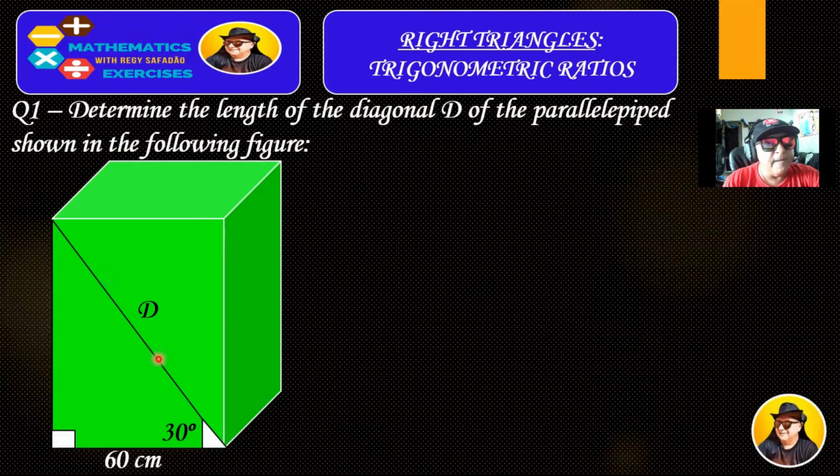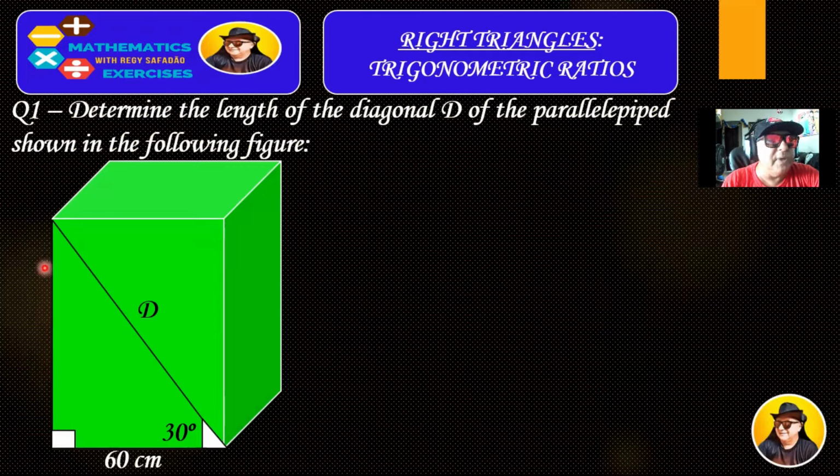All right. This side here is very near to the angle of 30 degrees. So this is the opposite side. No, this is the adjacent side because adjacent is a synonym for the word near. All right. So it's very easy, you see. The opposite side should be this one, okay?